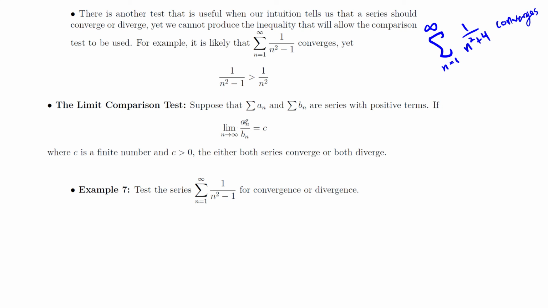And here's what this is saying. If we're taking the limit of the ratio of terms, what we're really doing is comparing the speeds with which these terms are heading towards 0. So if 2 different series have terms that are going to 0 at the same speed, then they should balance each other out and give us a finite non-zero number here.